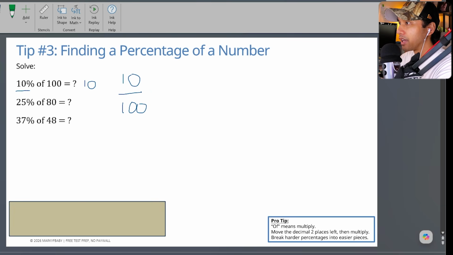And then if we want to go further, what is 10 divided by 100? We put our decimal point right here, and we put it up there. And this 100 can't go into the 1.